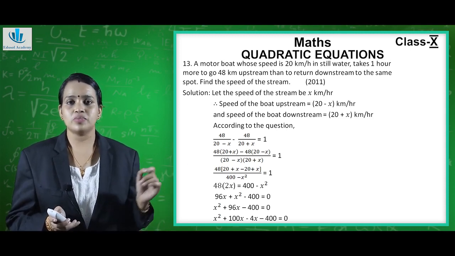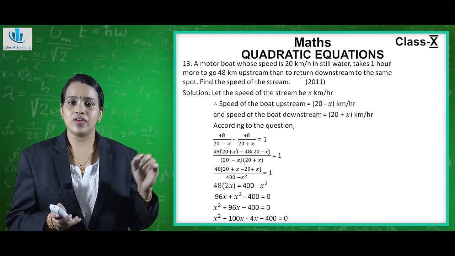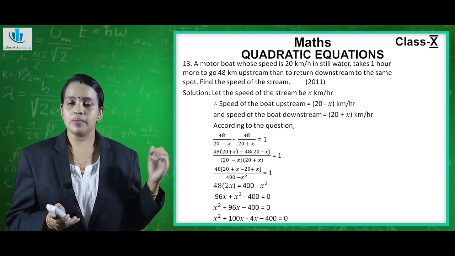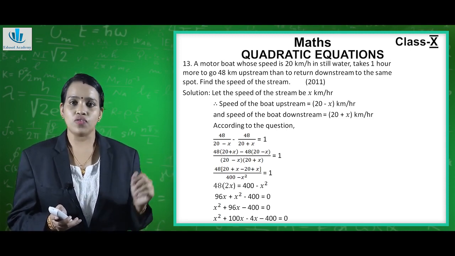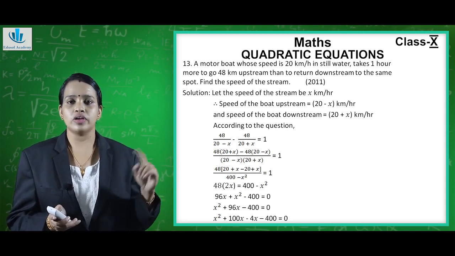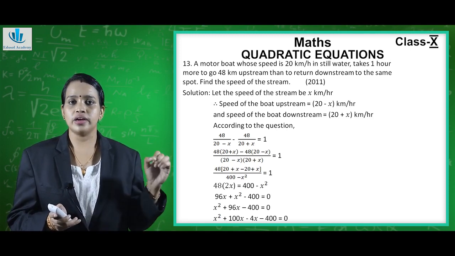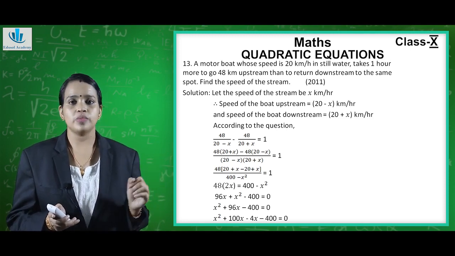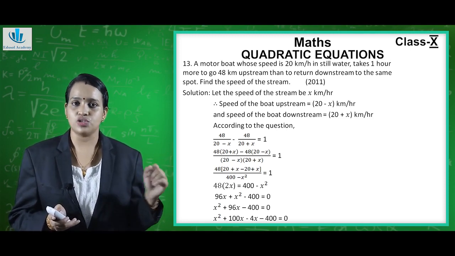Now when we solve this bracket, 20 and minus 20 get cancelled, so 48 into x plus x, 2x, equal to, now cross multiplying, 400 minus x square into 1, so it becomes 400 minus x raised to 2.